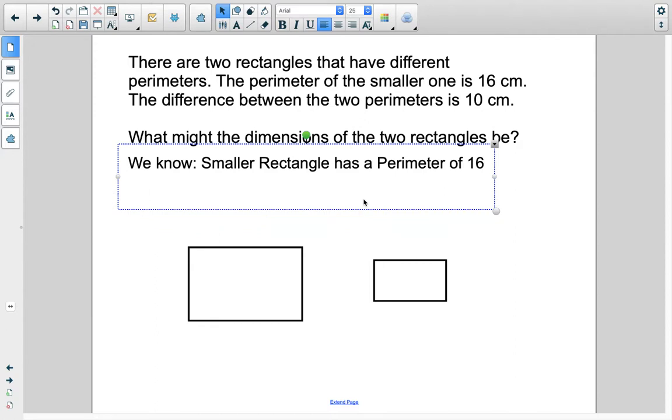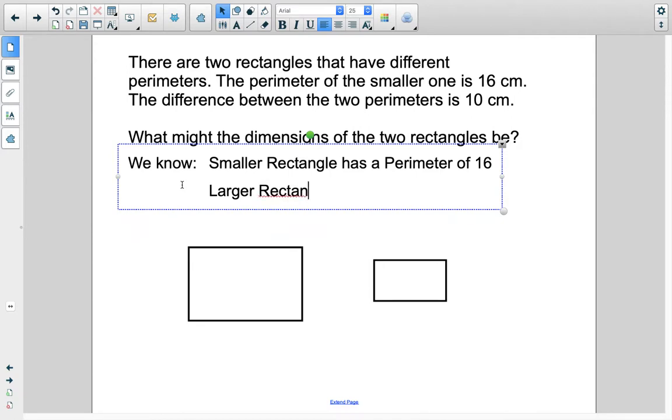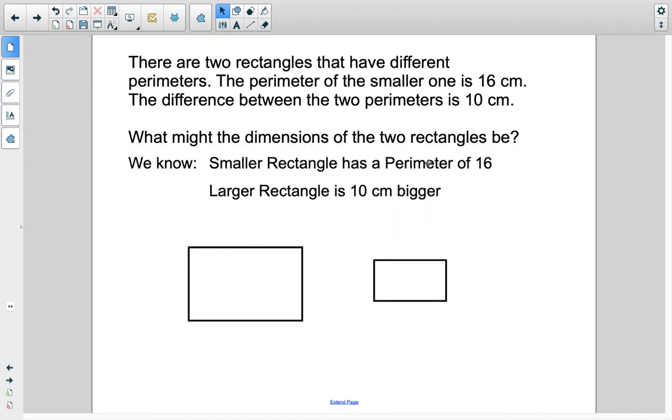We know that the larger one is 10 centimeters bigger. The perimeter is 10 centimeters bigger. So by that information, we can actually figure out.